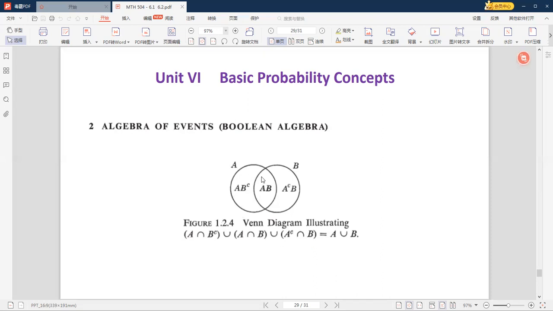And A intersecting B, that's the middle part. And similarly, A complement intersecting B, just everything in B but not in A. So you take out again the part in common for the two sets. So this is the right side part. So you take the union of those three, of course, you get A union B, right?